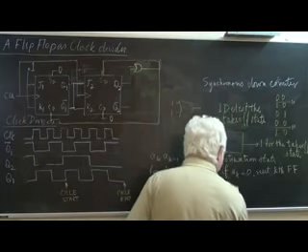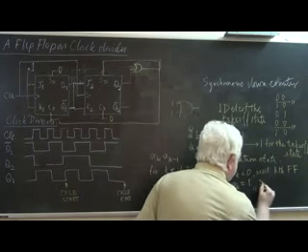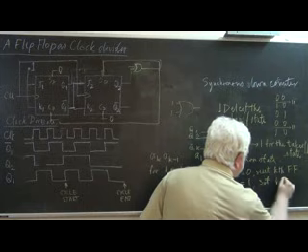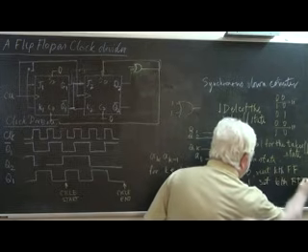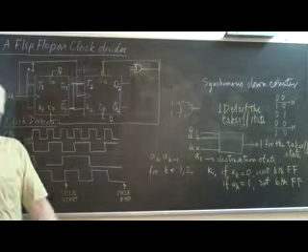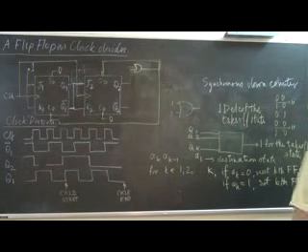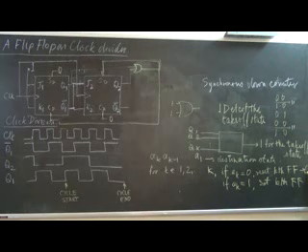If Ak equals 1, set the kth flip-flop. And how do you do it? If you want to reset it, you send a signal to CDk, and if you want to set it, you send a signal to SDk.